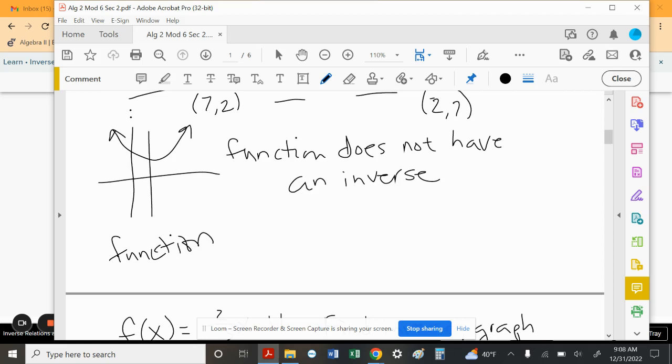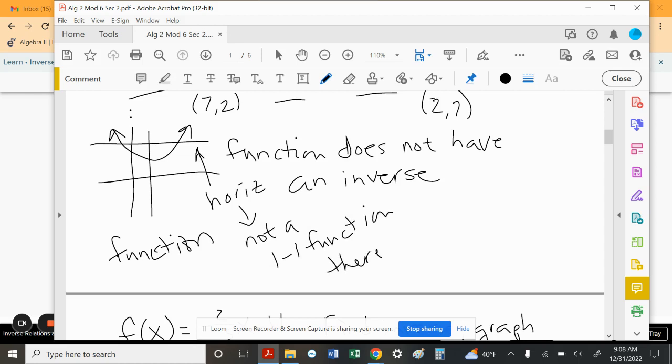To check to see if it has an inverse function, we draw a horizontal line. So here's my horizontal line. And in this case, it goes through 2 points, so it is not a one-to-one function, which means it does not have an inverse. So therefore, there is no inverse.